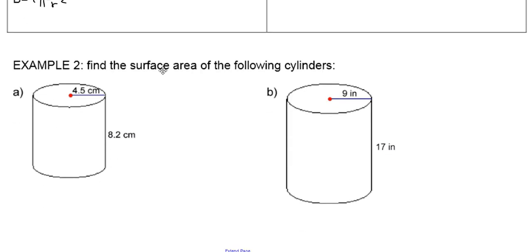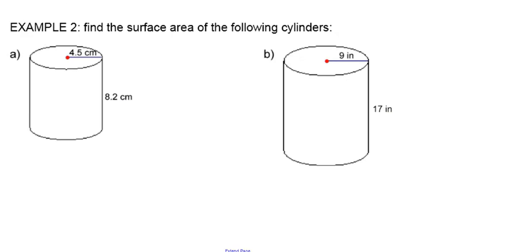So for my next example, we're going to find the surface area, but we first want to find the lateral area. So lateral area is 2 pi times the radius times the height. So the lateral area is 2 times pi times the radius times the height, which is 4.5 and 8.2.